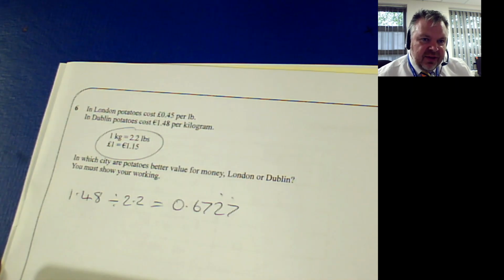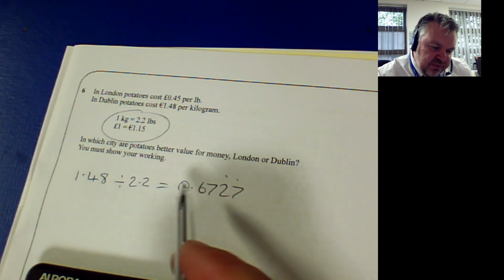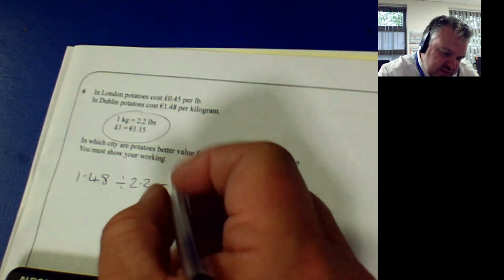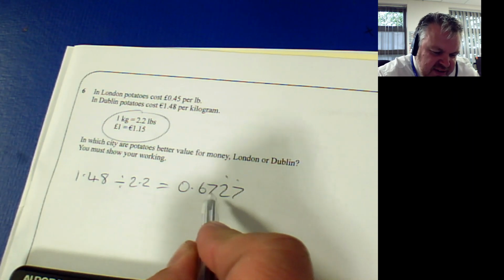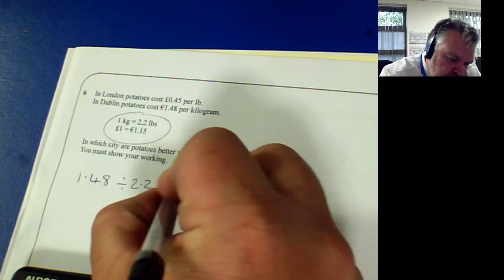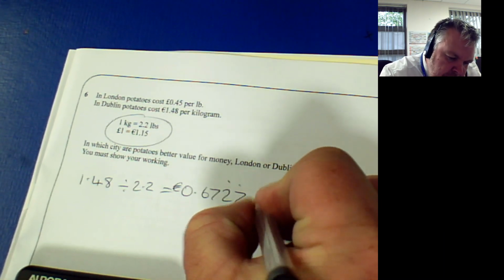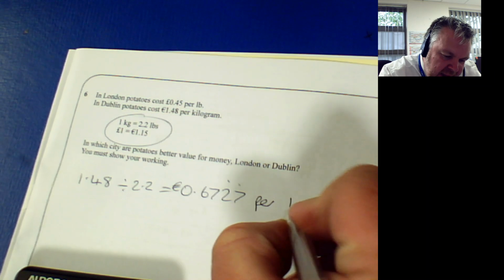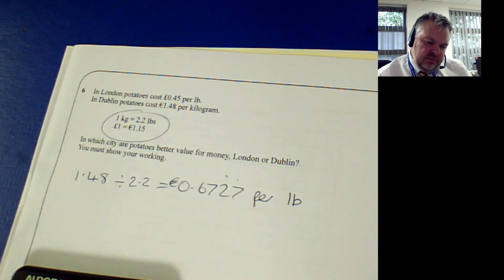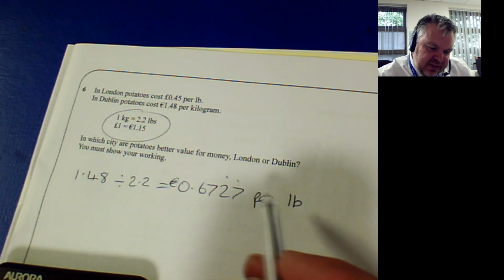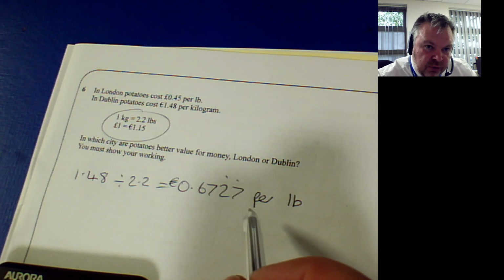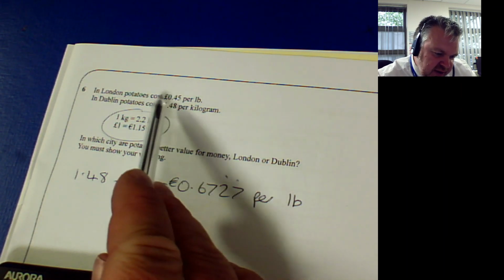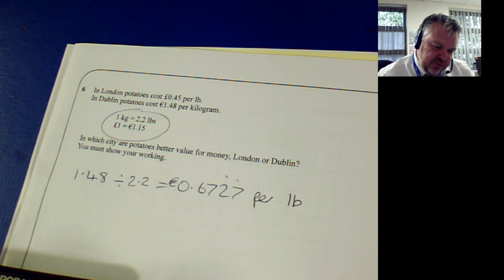Let's do a similar thing now. We need to compare this. Just write down what this is, 0.6727. This is euros per pound in weight. Okay, right, I think the next thing to do is to convert my euros into British pounds, because then I can compare my London potato prices.